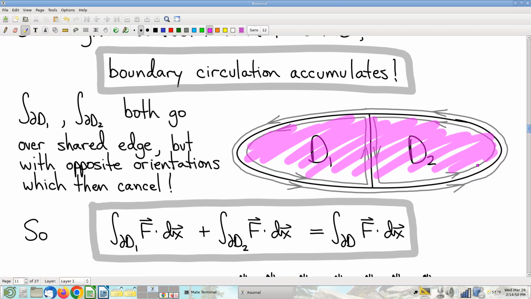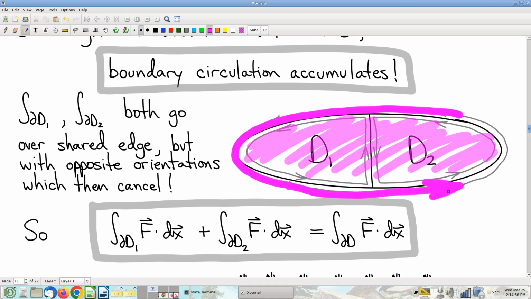Well, boundary circulation says I'm going to move around the boundary specifically in the direction that I'm supposed to. Because remember, the word boundary now implies that orientation is required. So boundary circulation means I'm going to compute a line integral on that boundary curve.